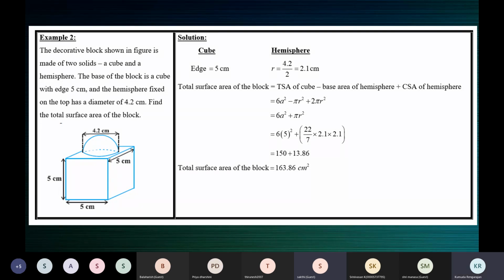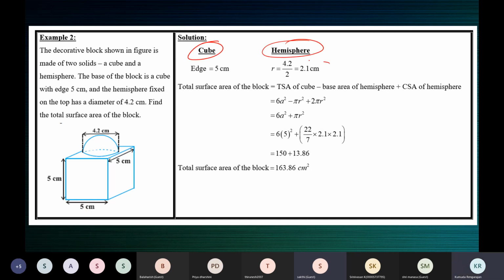Do we understand the expression to find the total surface area of the block, children? Yes, ma'am. Okay. So read the question right. The two solids here are cube and hemisphere.